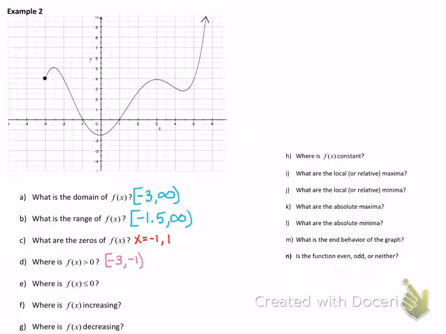And then we're going to skip over that middle piece because it's also positive from 1 to infinity. Now, this next one doesn't just say when is it negative, but when is it negative and equal to 0. So between the two zeros, -1 and 1, it's negative, but since it has the and equal to, we're going to put brackets on both of those.